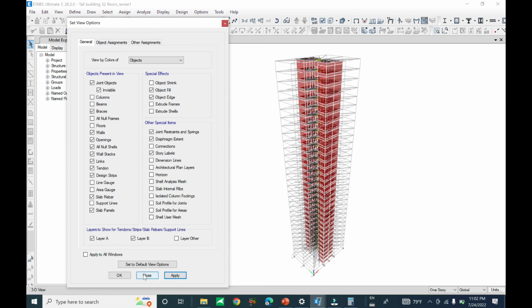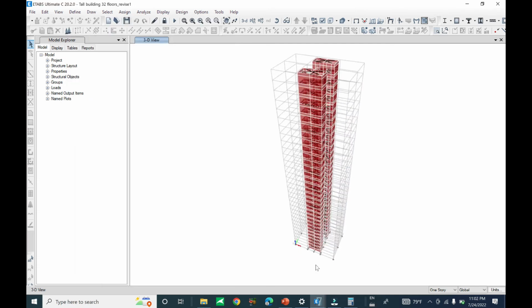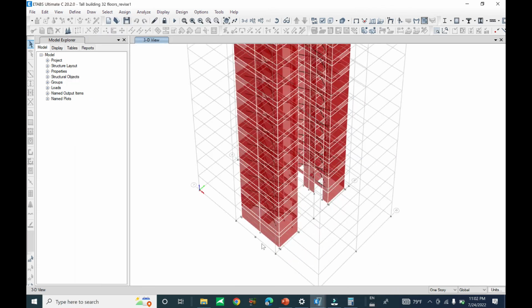Okay, apply. Diaphragm extension, apply. Okay, now we want to show only the wall.